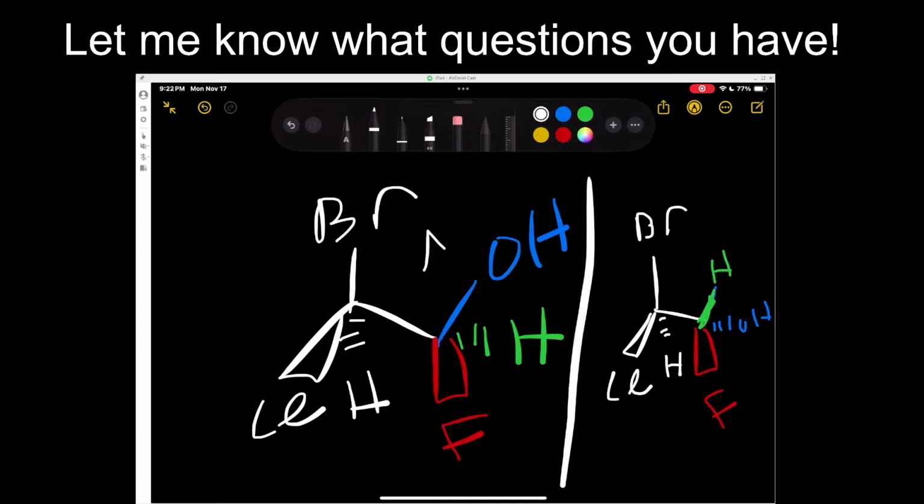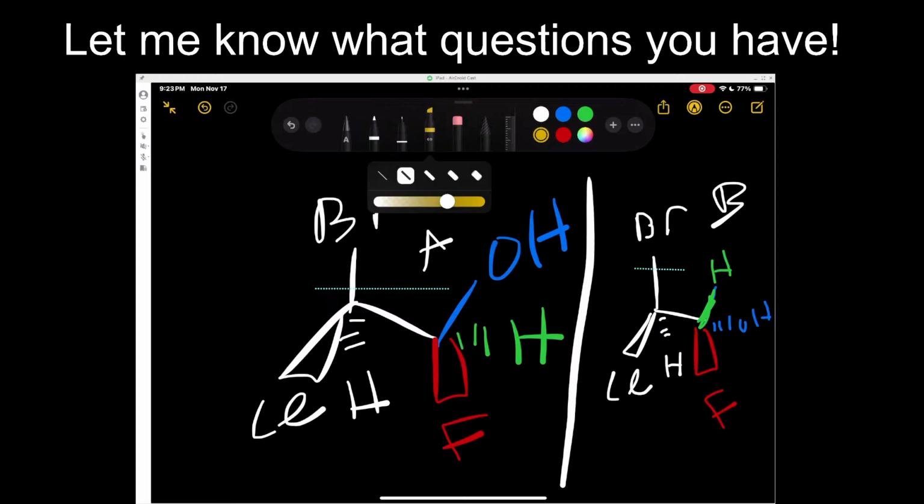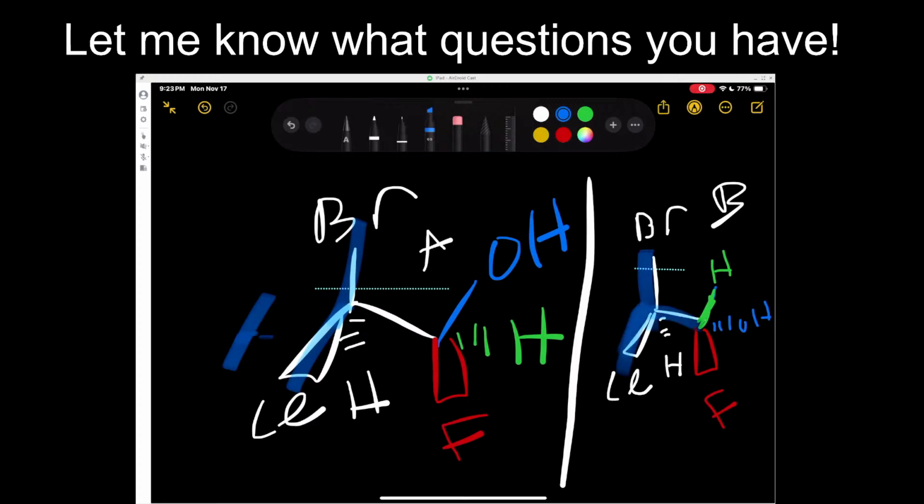Between structure A and structure B, you'll begin to see that over here in this area, boom, boom, boom, that is the same orientation that I'm seeing over in molecule B. So that looks like it's the same molecule.